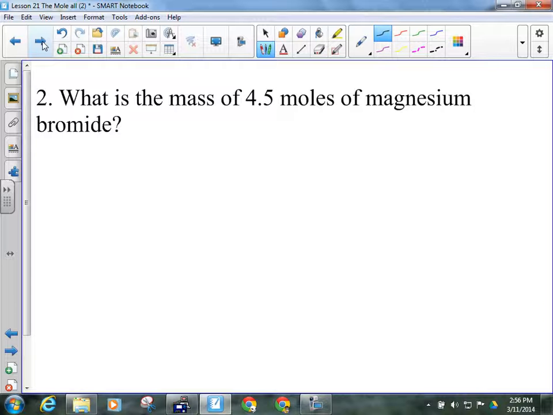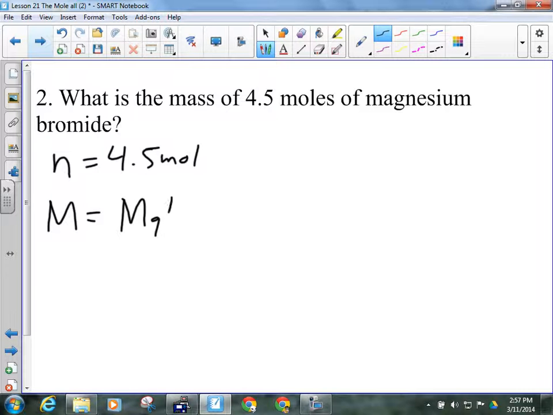Our first step, as always, write down what we were given. First thing we were given, number of moles. n equals 4.5 mol. And then we were told it's magnesium bromide. First thing I would do, write the formula. Mg and bromine, this is a -1, this is a +2, so this is MgBr2.